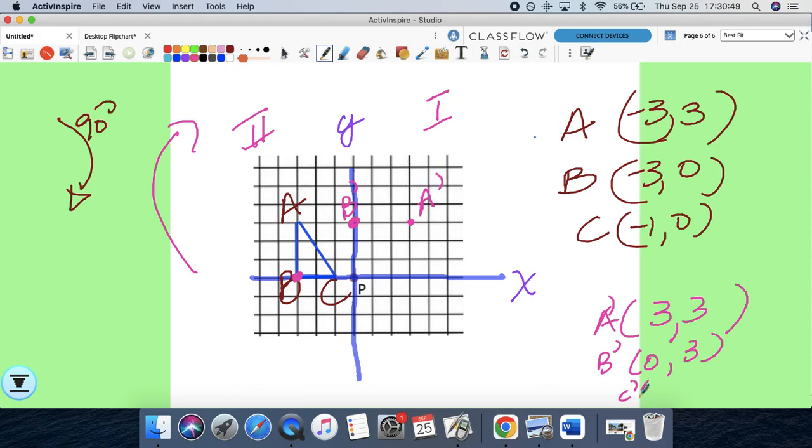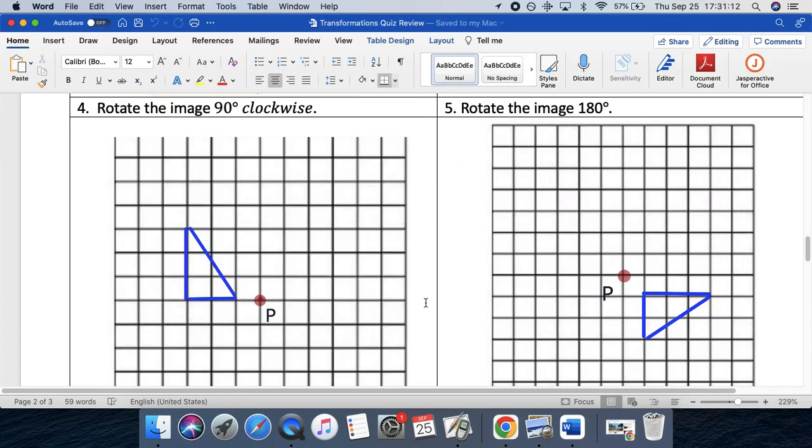And then C prime, again, C is -1, 0. If you switch, it's going to be 1 and 0. And if you connect, it's exactly that picture that we have when we rotate it, right? So, back here, let me take that.